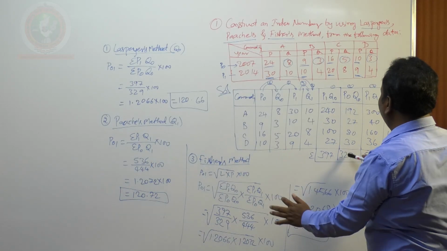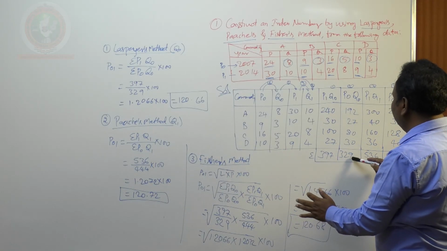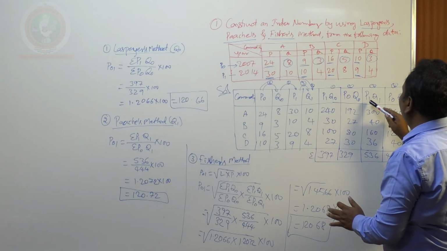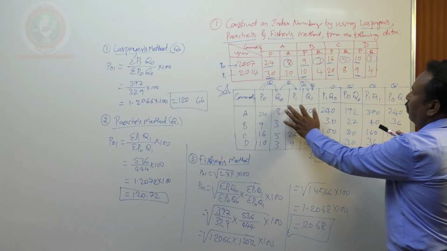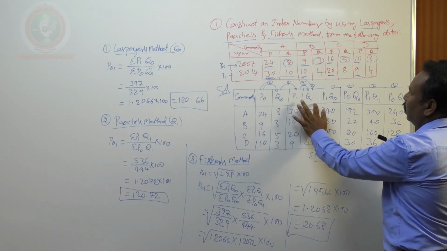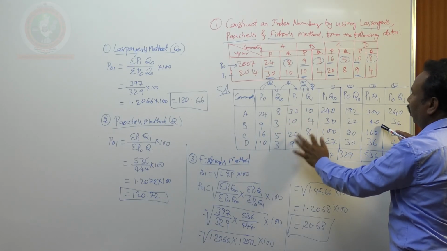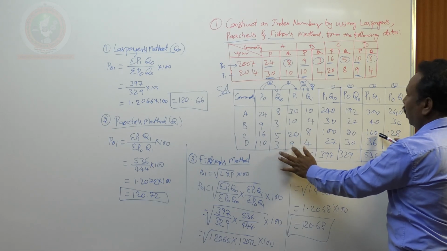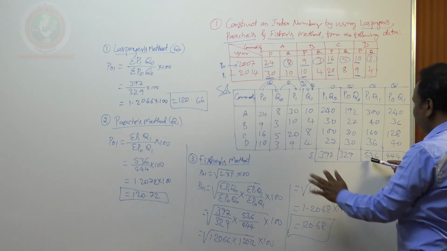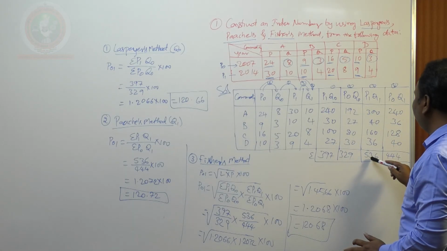So, summation of P0 Q0 is 329. Like that P1 Q1, multiplication of these two, 30 into 10, 300, 10 into 4, 40, 20 into 8, 160, 9 into 4, 36. So, summation of P1 Q1 is 536.